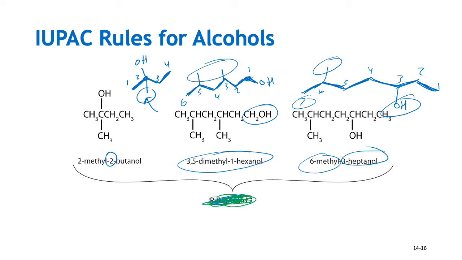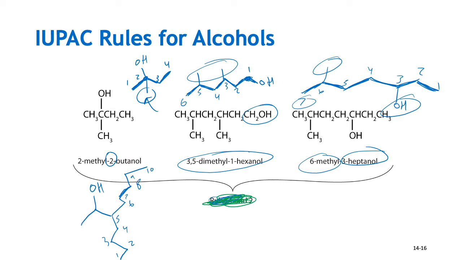Of note, I keep saying you have to number it in such a way where it includes the alcohol. Consider something like this. You know that you could number this chain 1, 2, 3, 4, 5, 6, 7, 8, 9, 10.